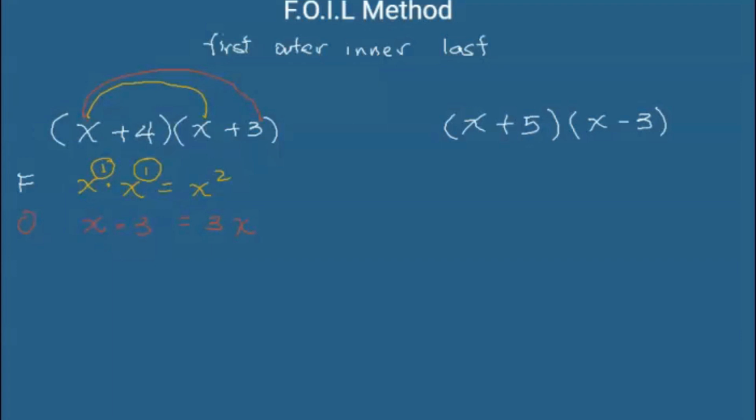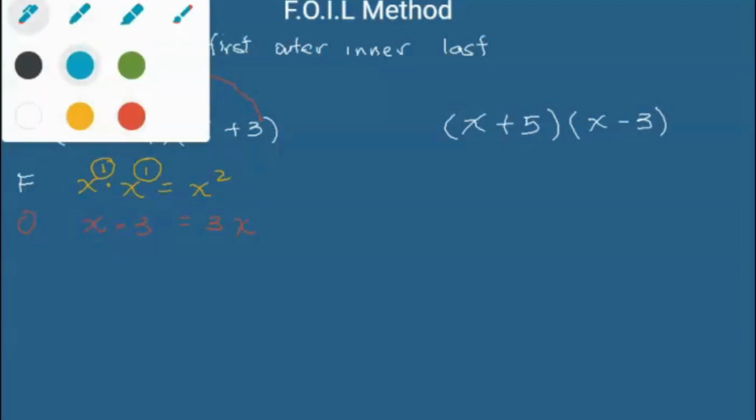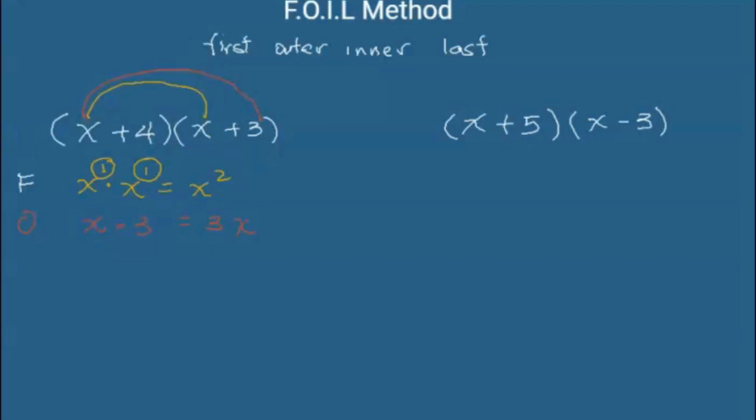For the inner terms, we have the terms that are inside, so that is 4 and x. 4 times x is equal to 4x.